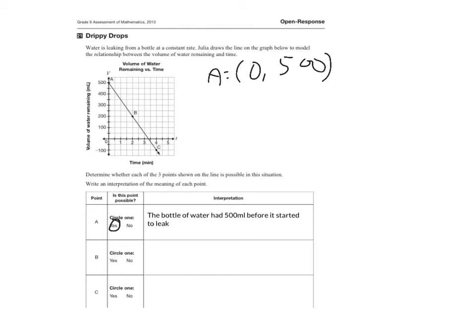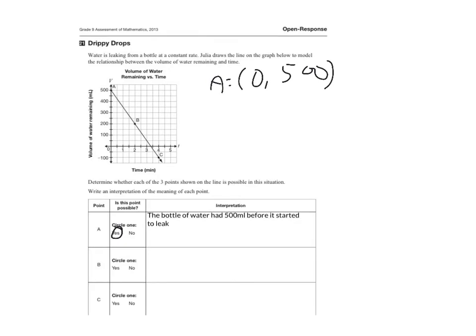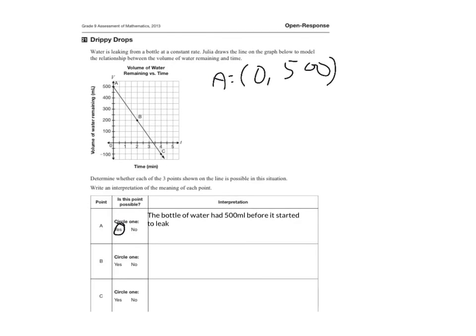Okay, so B would be (2, 200). So it's saying at 2 minutes there was 200 milliliters remaining, which can also be true. And C is right here.